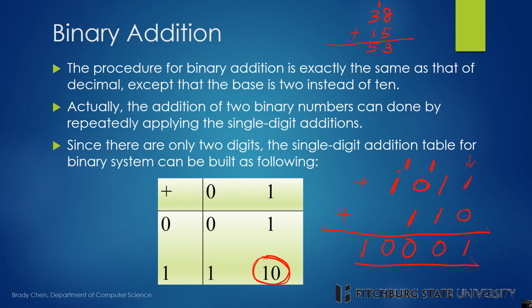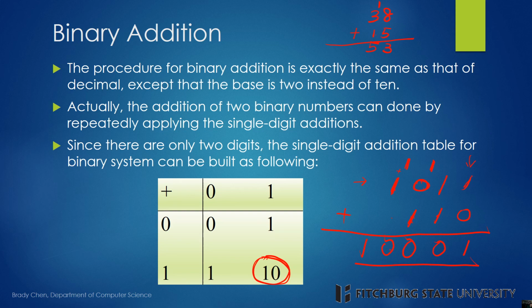So during binary addition, we're going to perform single-digit additions, first from the ones position, and then from the twos position, the fourth position, the eighth position, just like the decimal case, where you go from the ones position, tens position, and hundreds position, right?